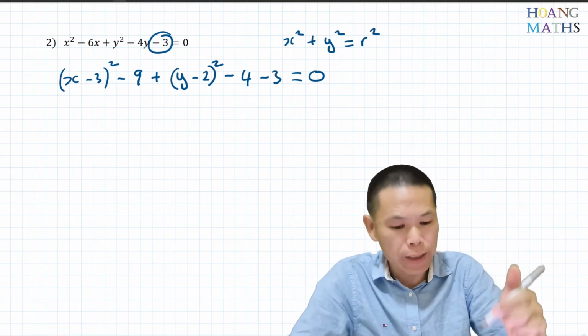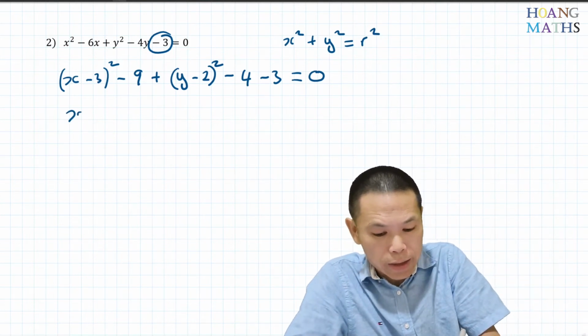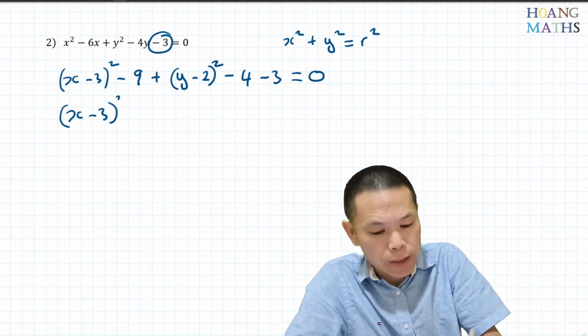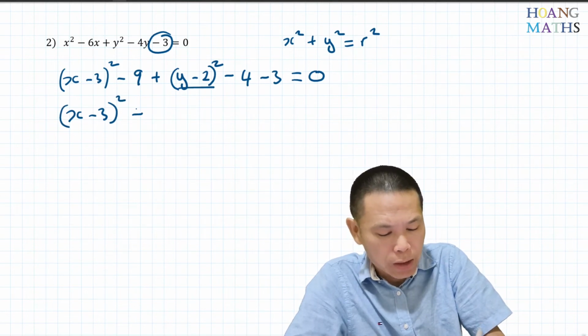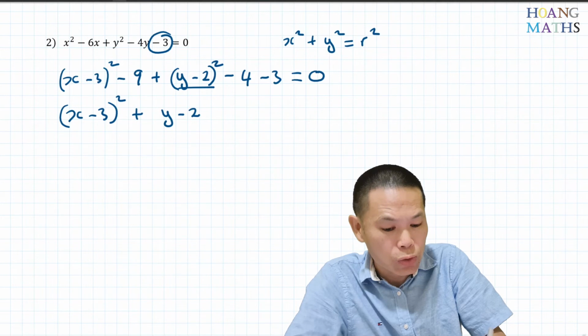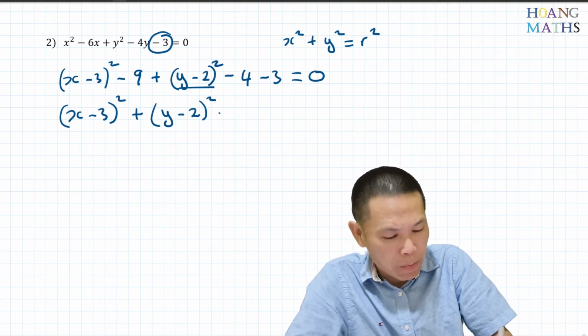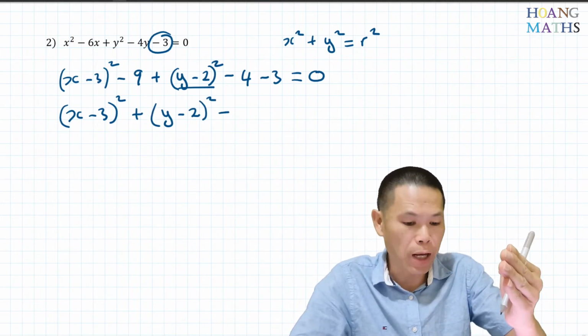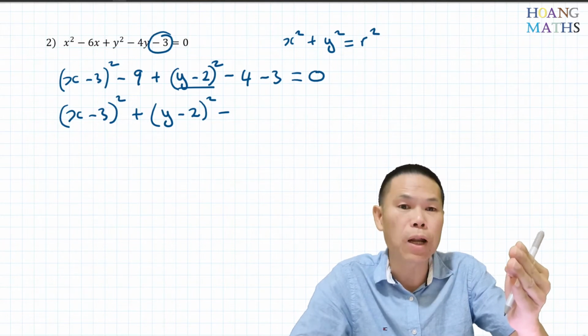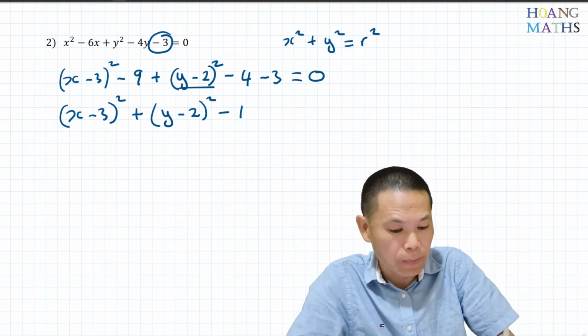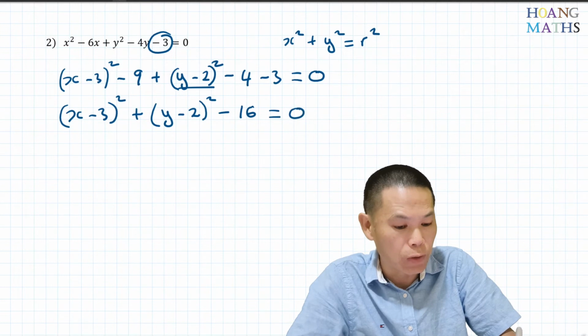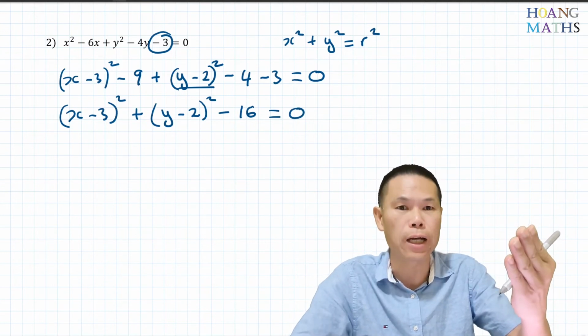So now I just simplify this. To simplify, we just write x minus 3, I just copy this out and I copy this out. So plus y minus 2 squared and minus. So 9 plus 3 is 12. 12 plus 4 is 16. So minus 16 equal to 0. Otherwise, just use your calculator, okay?